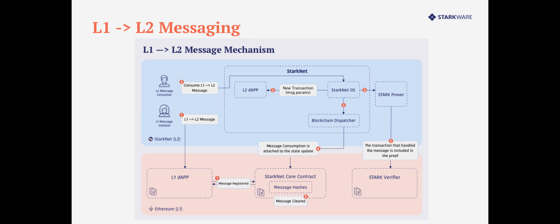The message will have a destination on L2, and this destination contract should have a special function that's called an L1 handler. And this L1 handler will be executed again, just like any other code. And once this execution is done, that's it. The execution is done on the L2 side, just like any transaction that is executed.